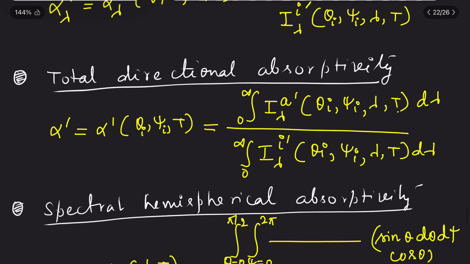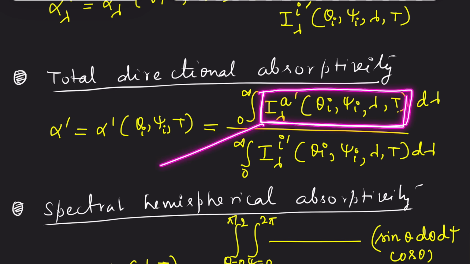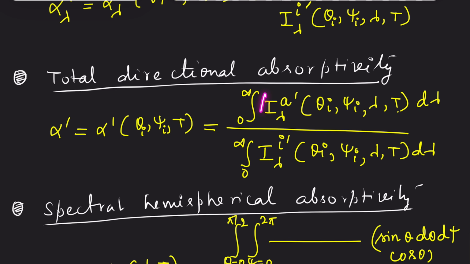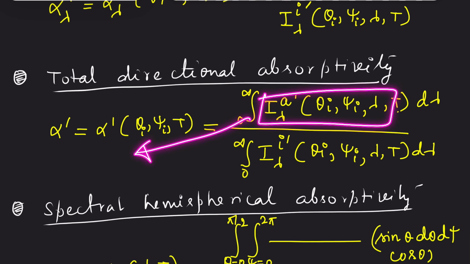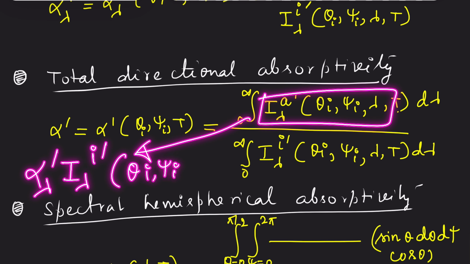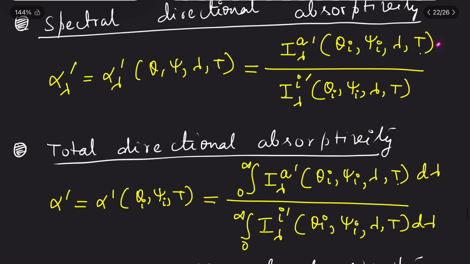See, in this integration, this thing can be replaced as alpha, this thing into I incoming theta I. I am just saying this, and I can get it from this equation.